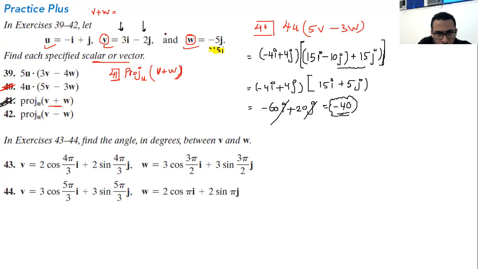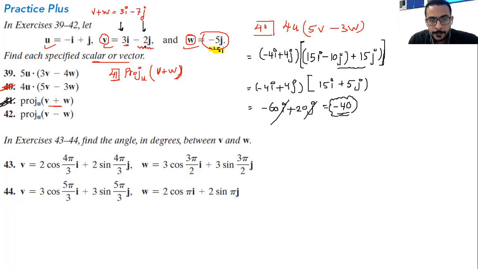V plus w is adding v and w first. 3i plus nothing is 3i. U is equal to minus i plus j. Negative 2j minus 5j is minus 7j.